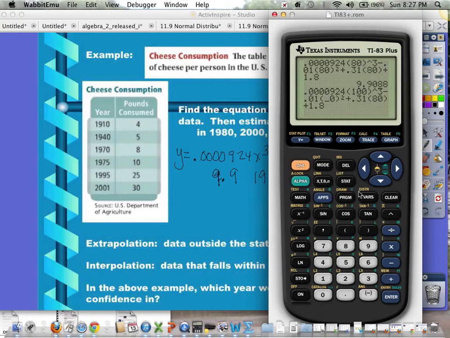Second insert, and put a 1, and change that to an O. Delete that. Go over to the last one. Second insert, and put a 1. Delete that one, put O. Oops, I'm going to have to finish that one. Plus 1.8. Okay. Hit enter, and that's saying about 25.2 for 2000.